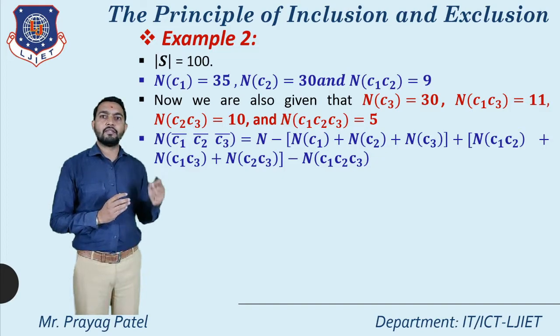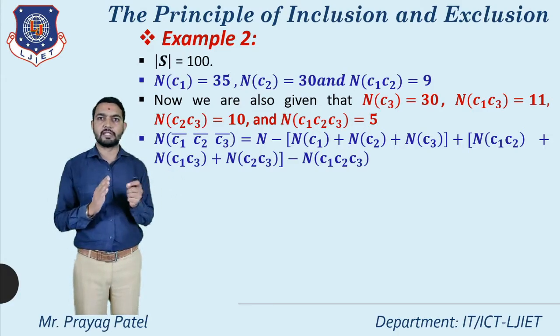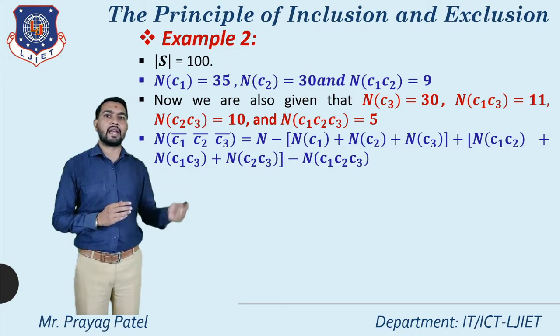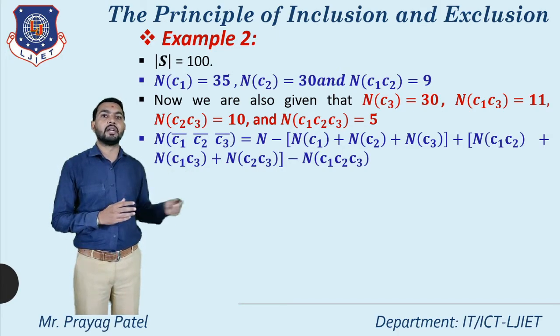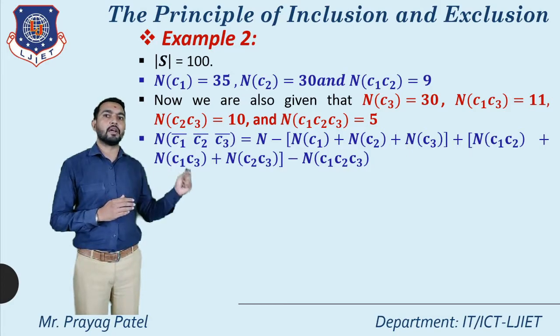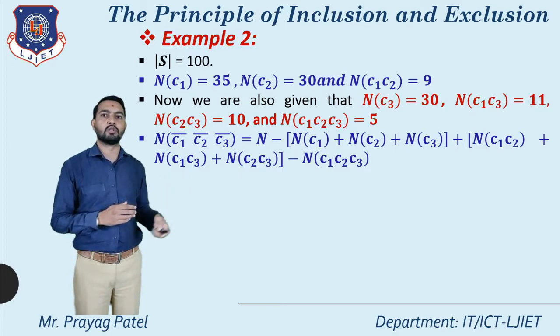Now NC1 dash C2 dash C3 dash: according to our previous equation we can write first n, then minus NC1 plus NC2 plus NC3, because we have 3 different conditions. After that the combinations of 2 elements, for example NC1 C2 plus NC1 C3 plus NC2 C3, minus the combination of all 3, NC1 C2 C3.